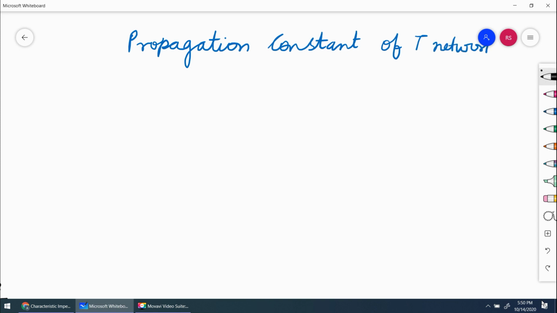By definition, the propagation constant gamma of the network is given by gamma is equal to log to the base e of I1 by I2. Okay, so this is the definition of the propagation constant gamma of a network.